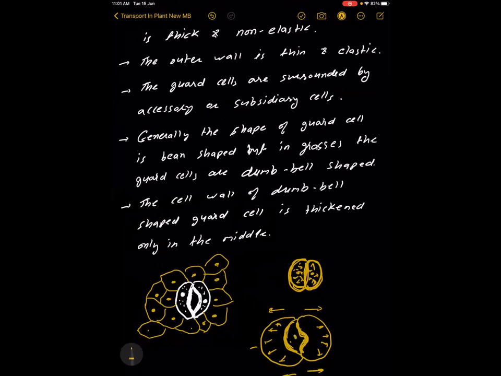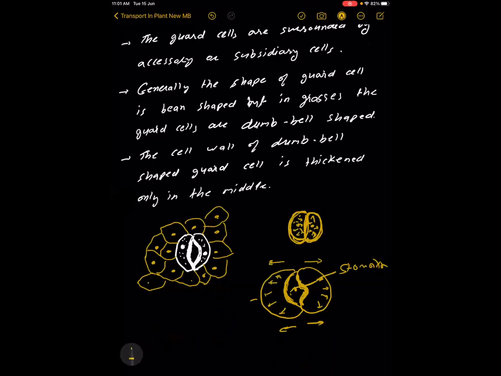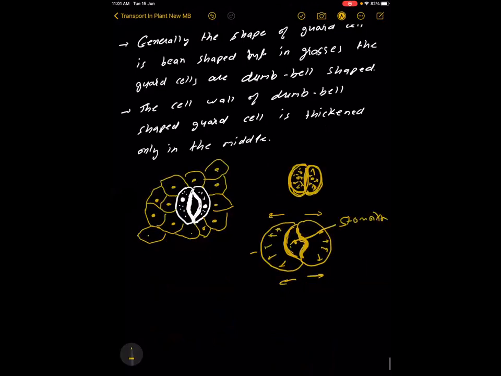That is called the stomata. Yes, it happens when water enters the guard cells. Otherwise, it remains closed. So if you want to open the stomata, water entry is essential. The cell becomes turgid, and because of the stretching of the outer wall, the stomata becomes open. Is it clear?